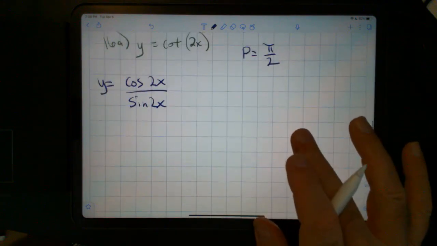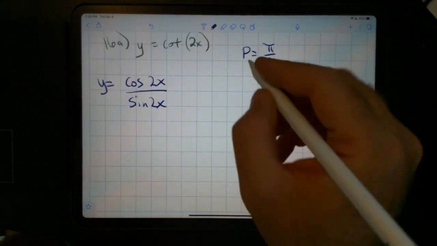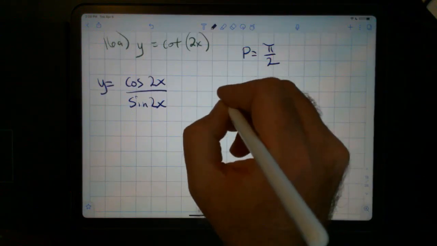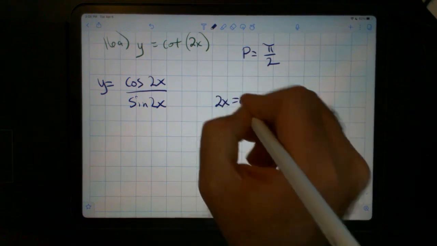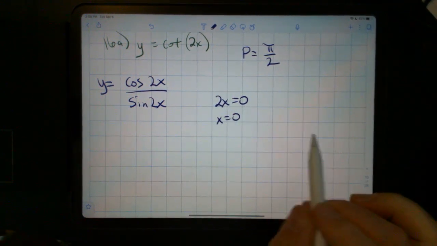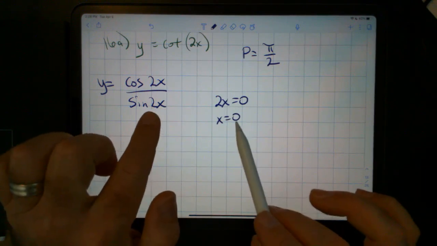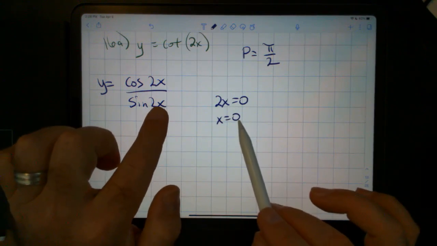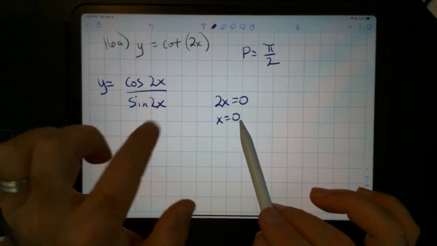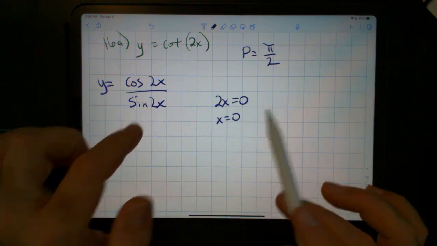Let's look for the asymptotes. Asymptote is when your denominator is 0. So what I want is when 2x is equal to 0, this is when x equals 0. So when x equals 0, we have sine of 2 times 0, which is 0. That's going to give you a 0 in the denominator, undefined, and we have an asymptote.